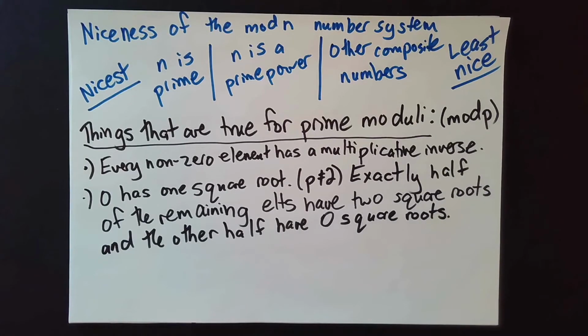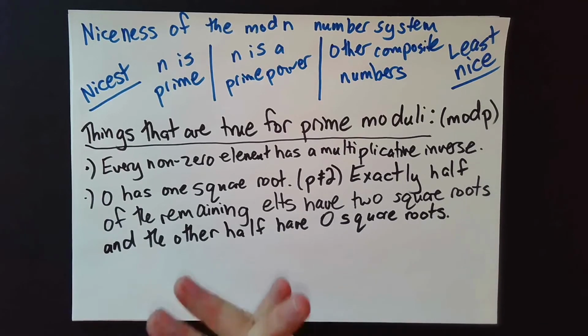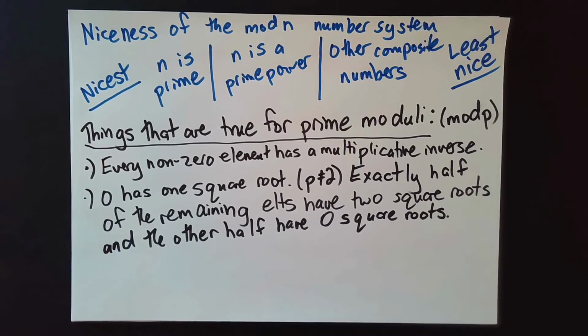Again, this is very broadly like the real numbers, where 0's only square root is 0, all of the negative real numbers have no square root, and all of the positive real numbers have 2 square roots, one positive and one negative.